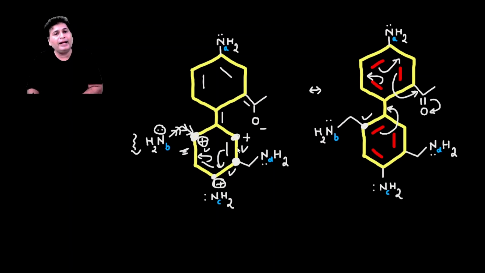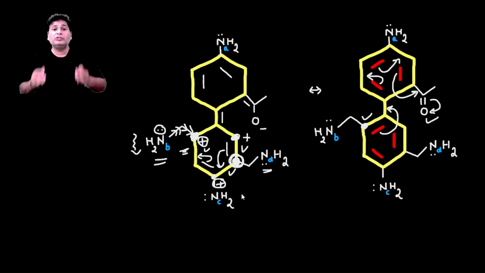So what I am trying to say is that because of this C double bond O, the plus will come just at this carbon but not at this carbon. The pulling power of the carbon bearing plus charge will affect nitrogen number B more in comparison to nitrogen number D.